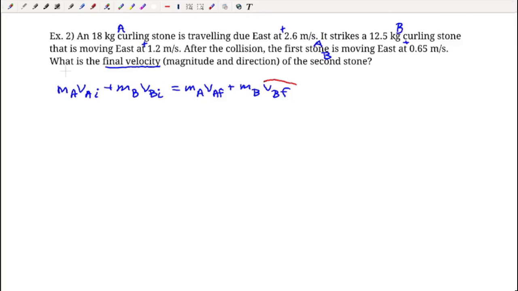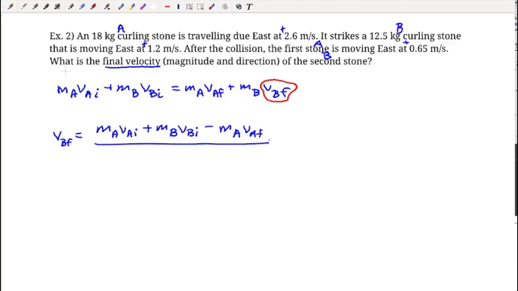So I'm going to subtract my MA VAF to the other side and then divide out my MB. So that's going to leave me with VBF equal to MA VAI plus MB VBI, subtract MA VAF, all over mass B.